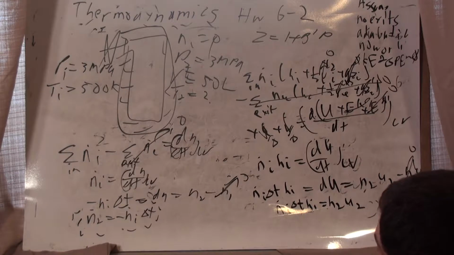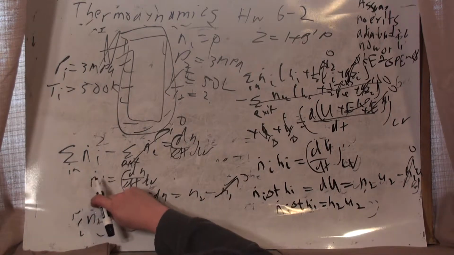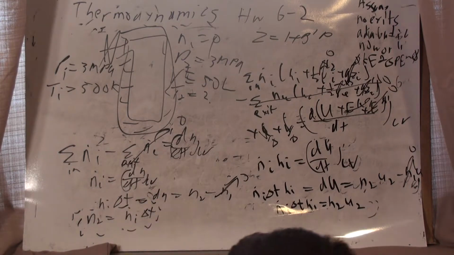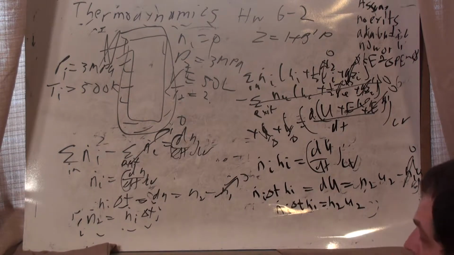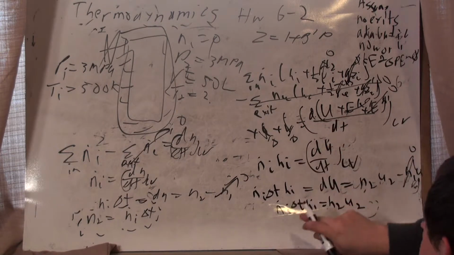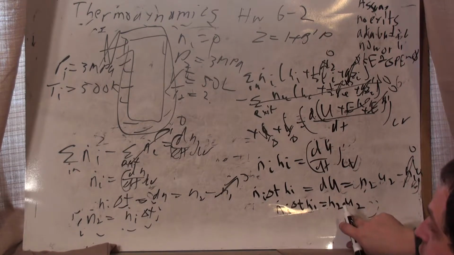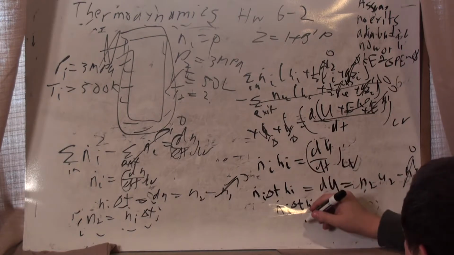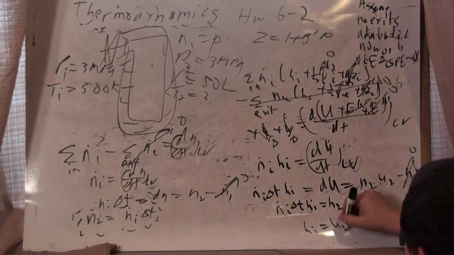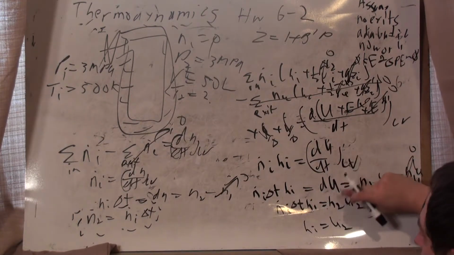This is where people get a little confused, like, oh, I don't know why there's a minus here. They go from here to the final result. Well, you want to show this, and now I can see N I delta t equals N2, so I can cancel those out and get HI equals U2. But it's important to have these two steps to show that you know what happens to the mole aspect, and you don't just make it go away magically.